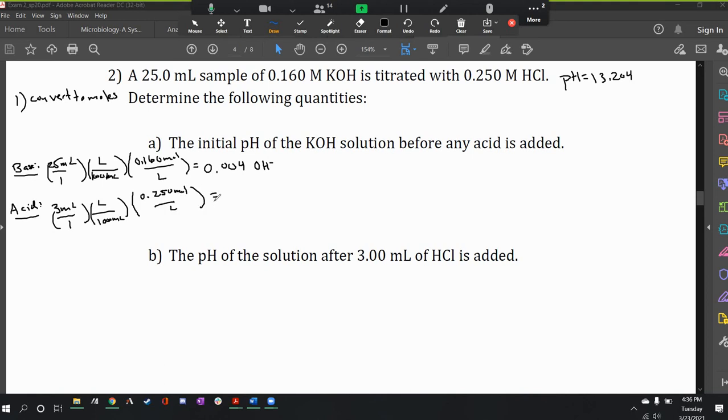So we get 3 times 0.25 divided by 1,000, which is 0.00075 moles of H plus, or H3O plus, or whatever you want to call it. Okay, cool. So now we're in moles.